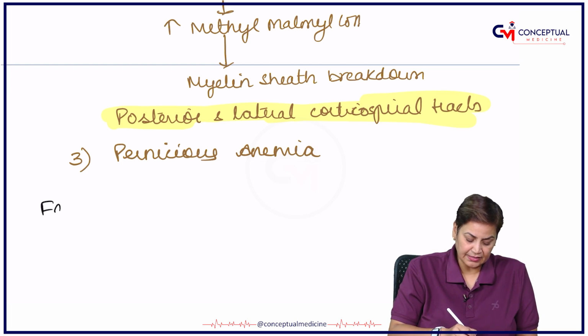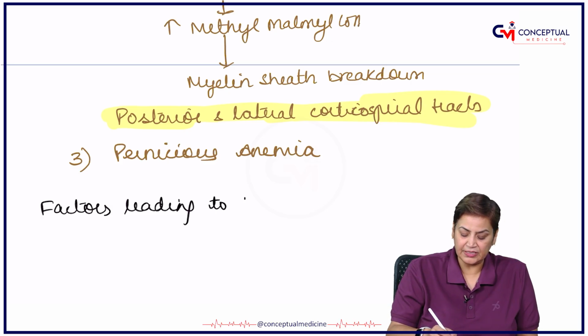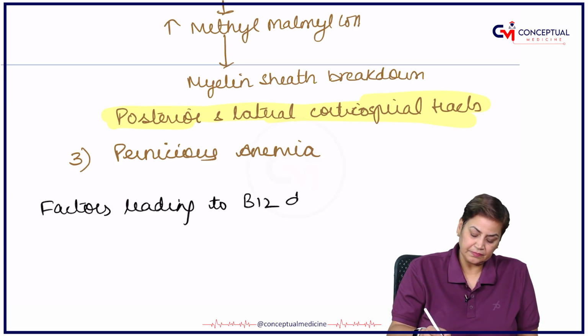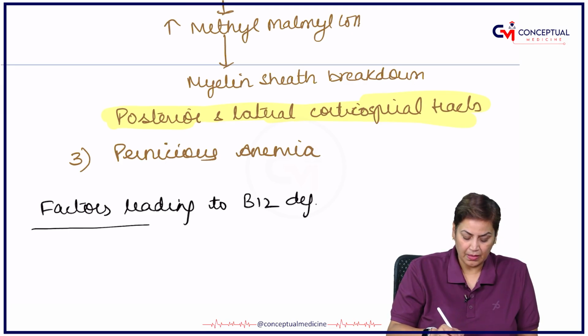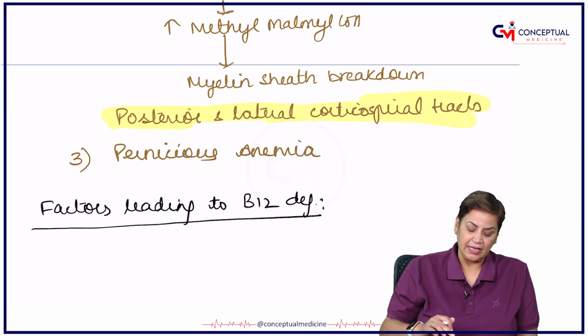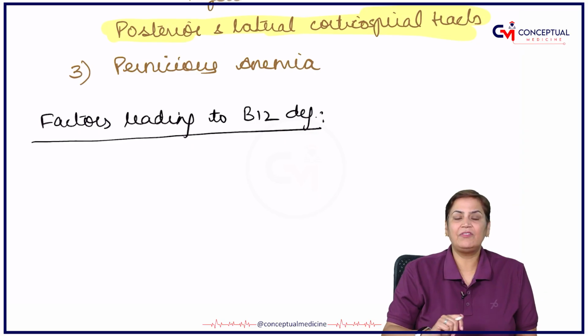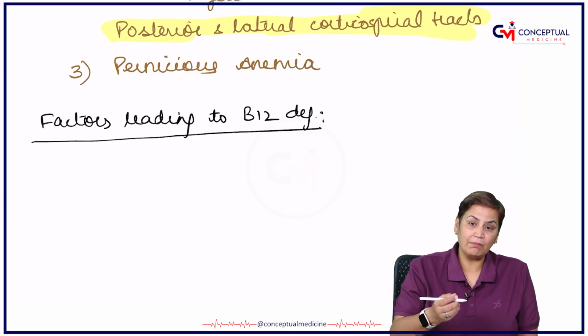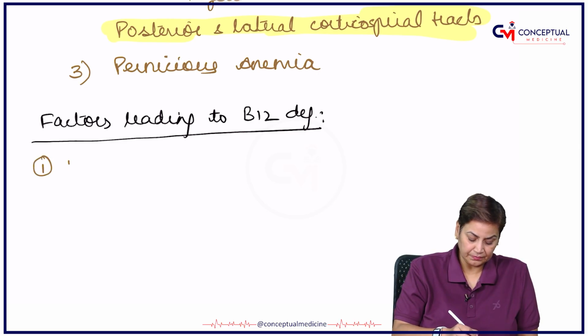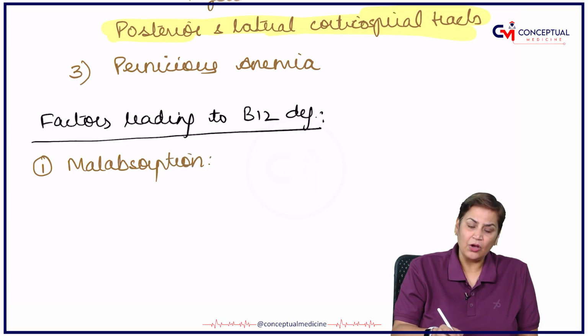So the factors leading to B12 deficiency. The first one is whenever there is autoimmune gastritis or malabsorption, right?